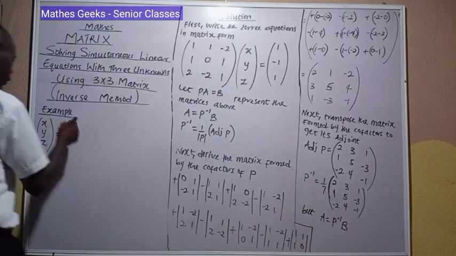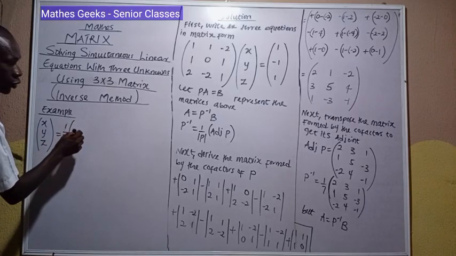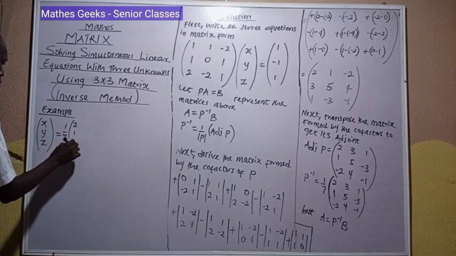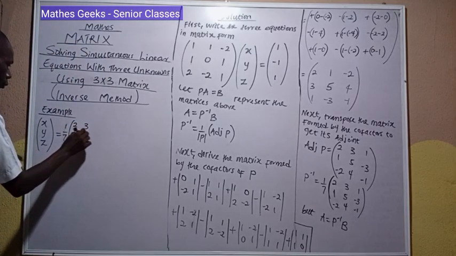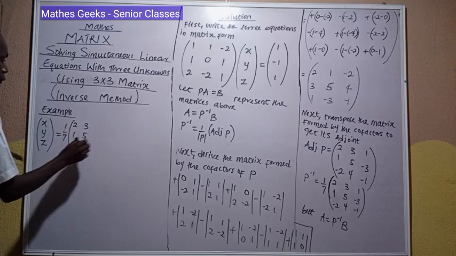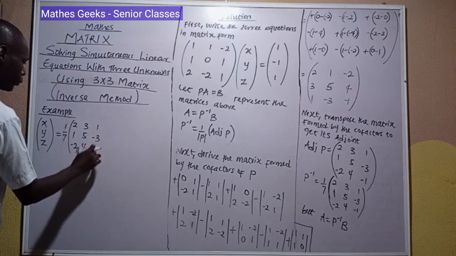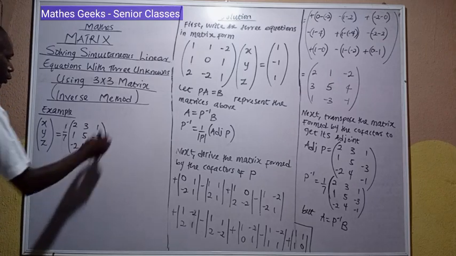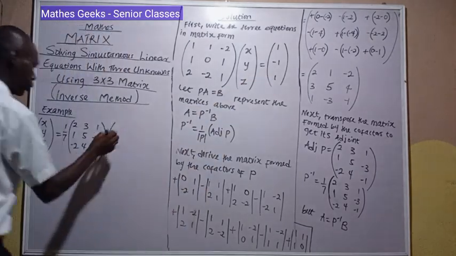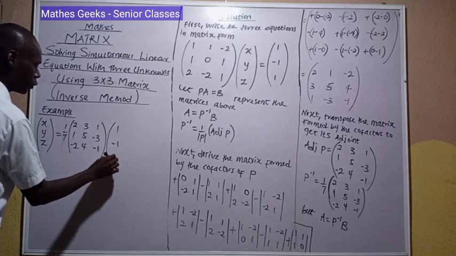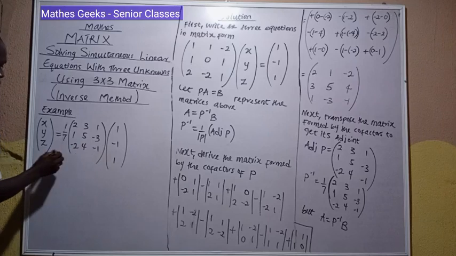What you have here, P inverse, is 1 over 7 multiplied by 2, 1, 2, 1, minus 2, 3, 5, 4, 3, 5, 4, 1, minus 3, minus 1, and multiplied by matrix B, which is this matrix 1, minus 1, 1. So first thing I'm going to do is to multiply these two matrices together.